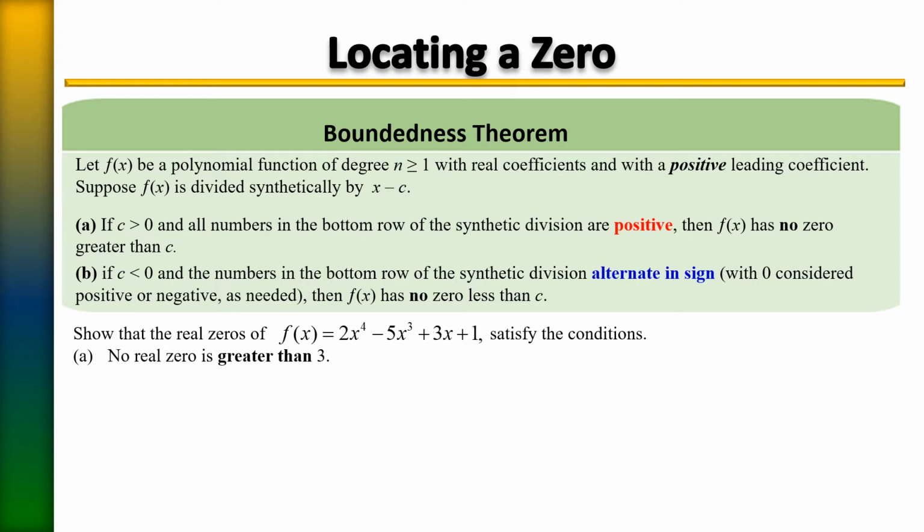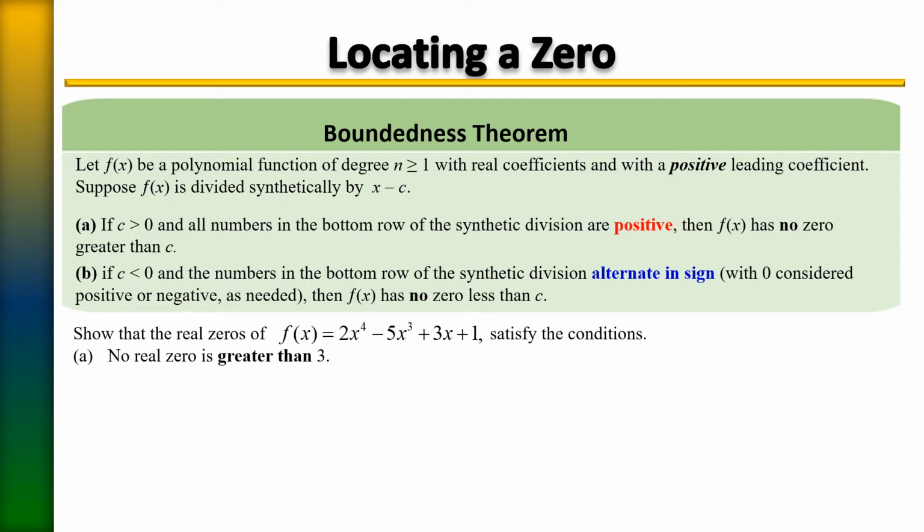In this example, we're asked to show that the given function has no real zero greater than 3. Since we're looking to prove that there are no real zeros greater than 3, once we do the synthetic division, we're looking for all the signs in the bottom row to be positive.